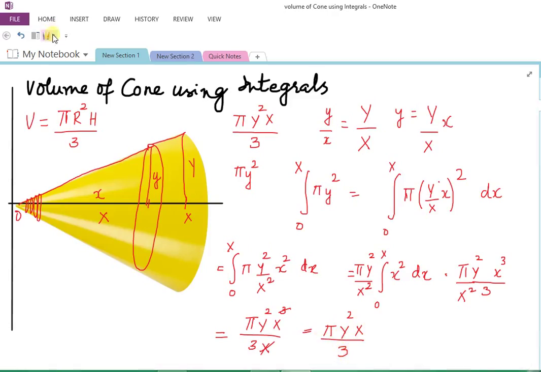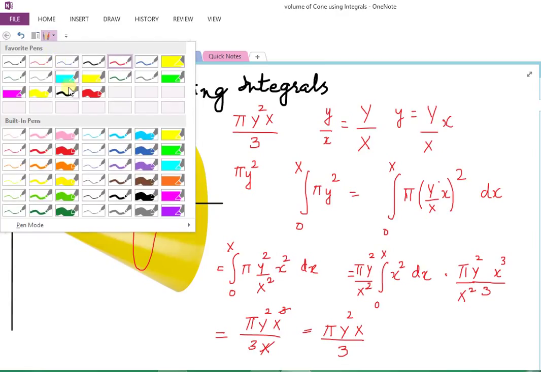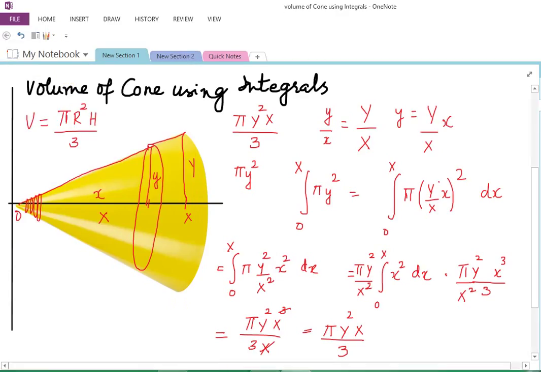Which is the same as what we got here, right? Isn't that neat? Yes, that is.